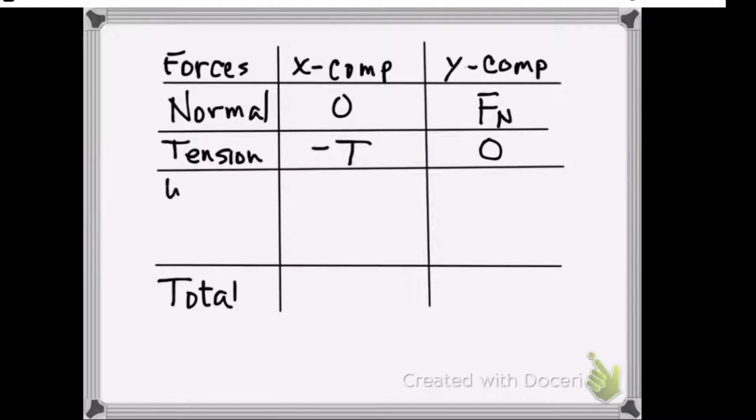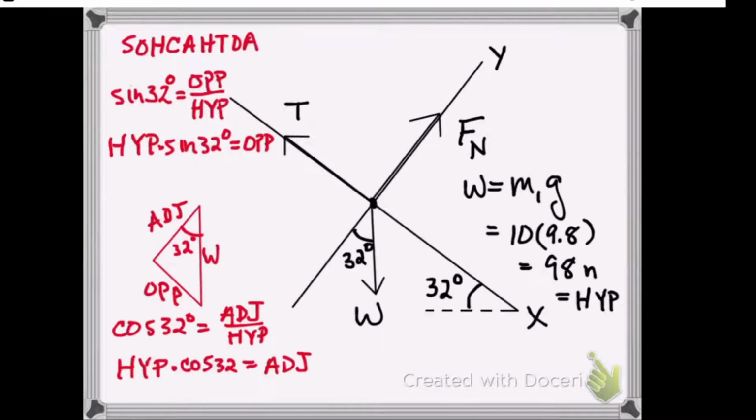Okay, and then we're going to talk about the weight. Now the weight, as we said, is equal to mg. The x component is going to be the part that pulls in the x direction, and the y component will be the part that points in the y direction.